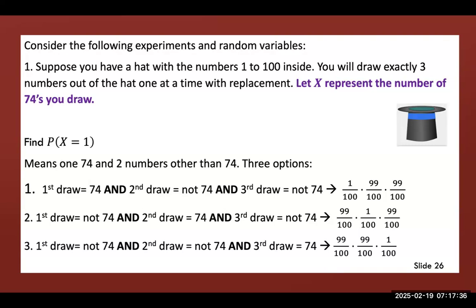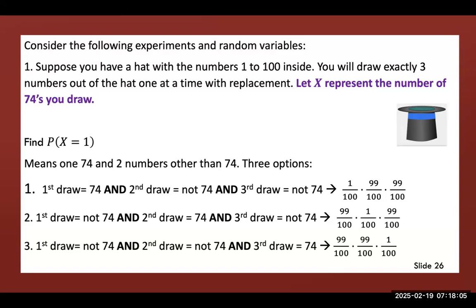They're all 99 over 100 twice times 1 over 100. Okay? And in mathematics, it doesn't matter how we multiply, like the order, we always get the same number. So if we multiply the first three things together, we're going to get 99 over 100 squared times 1 over 100.